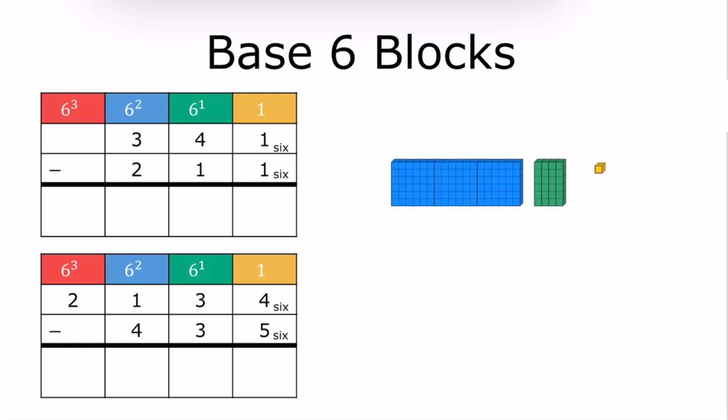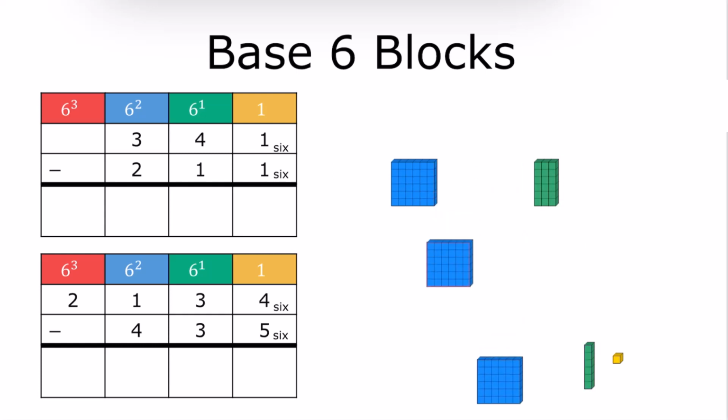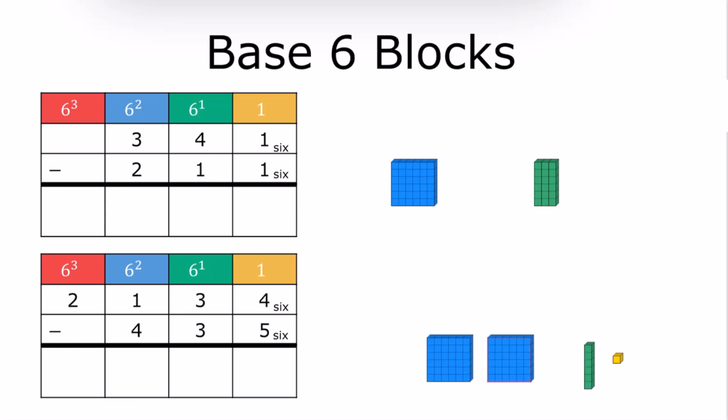I'm going to take away 1 unit, I'm going to take away 1 rod, and I'm going to take away 2 of my 36 plates. So this is the amount I take away, and what I have left is 0 units, 3 six rods, and 1 of my 36 plates. So 341 base 6 minus 211 base 6 is going to equal 130 base 6. And that's how you would do that problem.